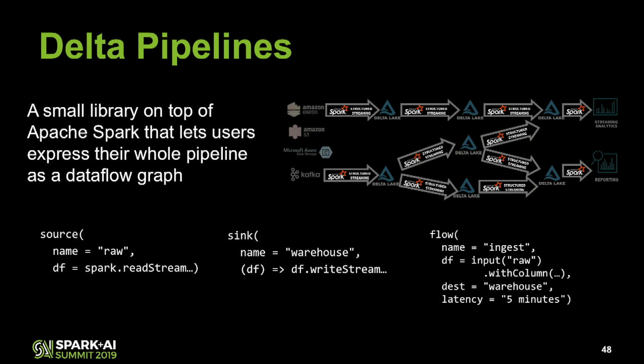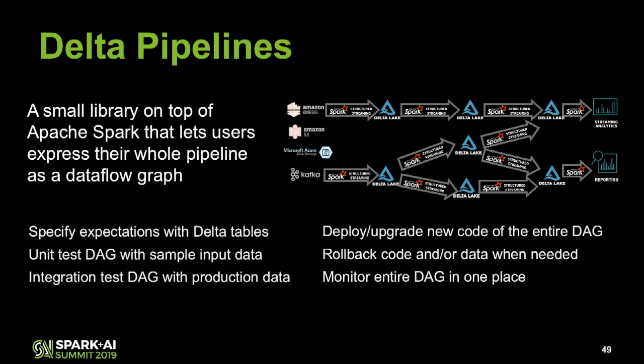And with this declarative definition of the entire DAG, we can automate the process of specifying expectations. The expectation stuff that you saw in Michael's demo yesterday morning can plug into this, so that along the pipeline you can set different expectations, which can be automatically tested: unit tested with sample data, integration tested with production data.